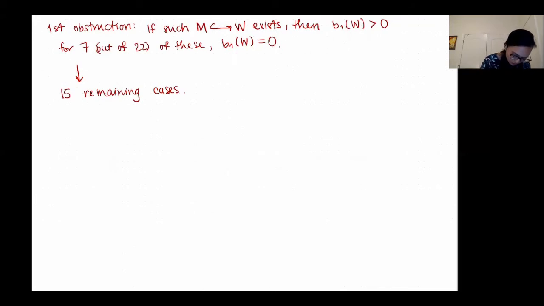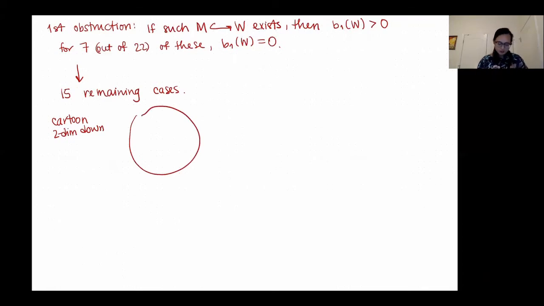Let me draw a picture for you. So this is a cartoon, 2 dimensions down. Say this is our polytope. If we look at this cross section of our polytope and this other cross section of our polytope, so in dimension 4 we're going to have 4 different cross sections.